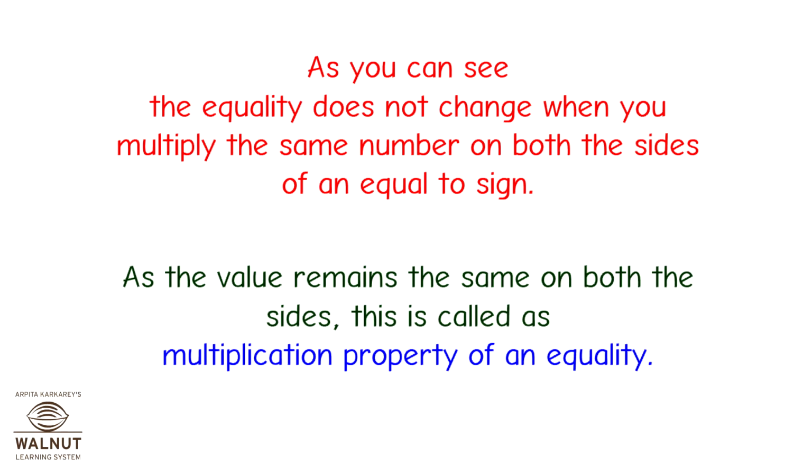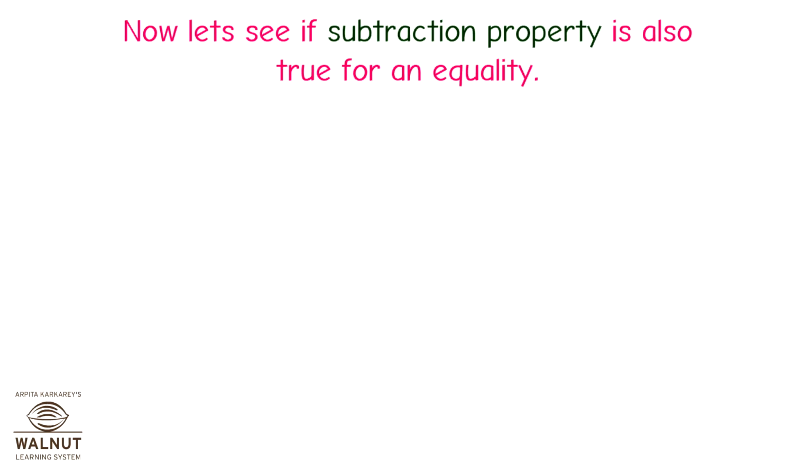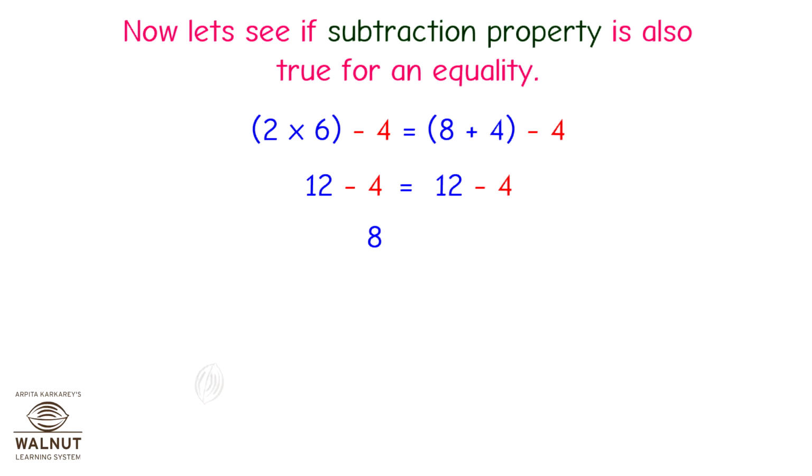of an equality. Now, let's see if the subtraction property is also true for an equality. 2 multiplied by 6 minus 4 is equal to 8 plus 4 minus 4. 12 minus 4, 8, is equal to 12 minus 4, which is equal to 8.